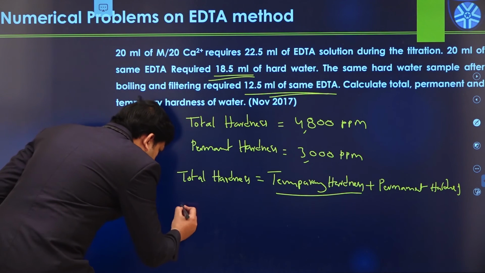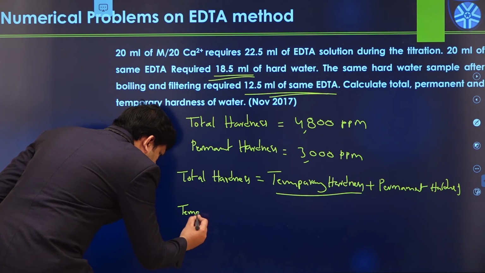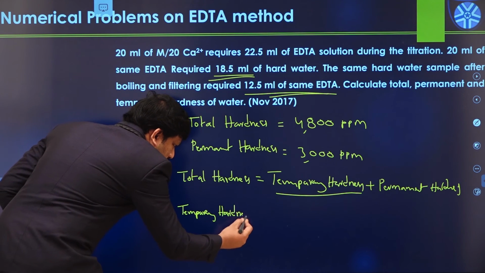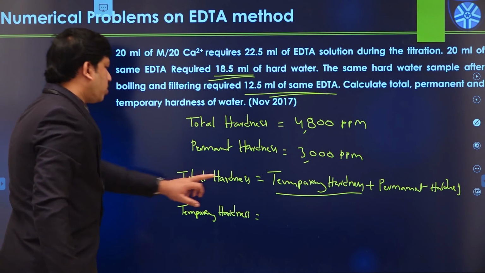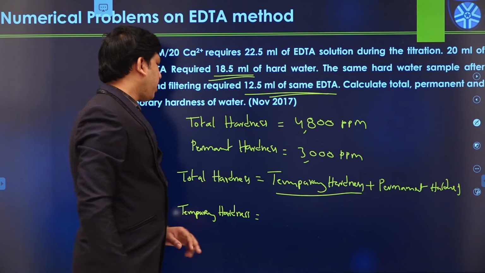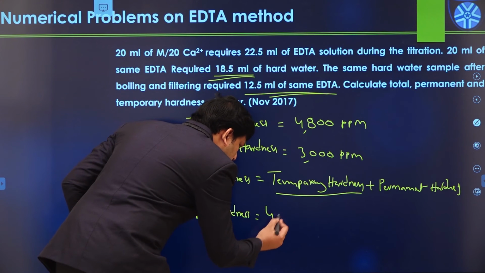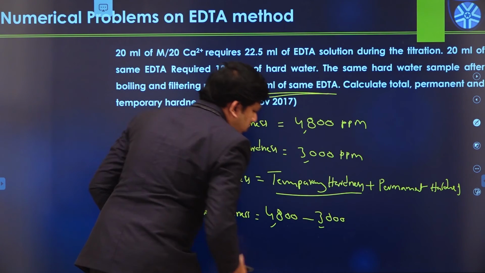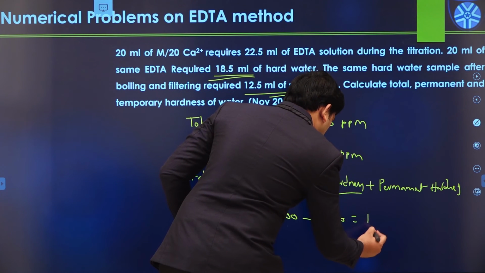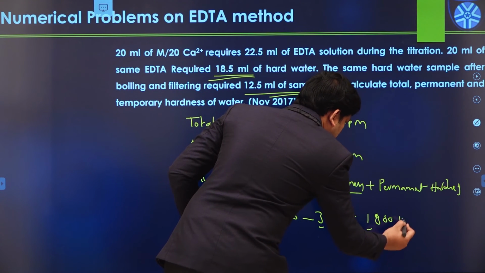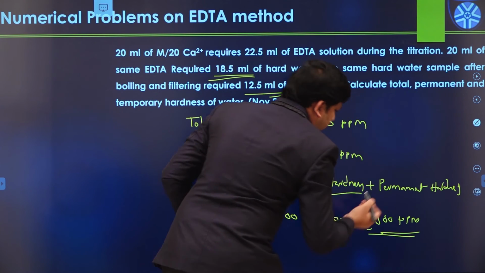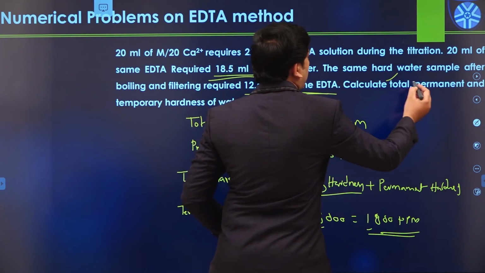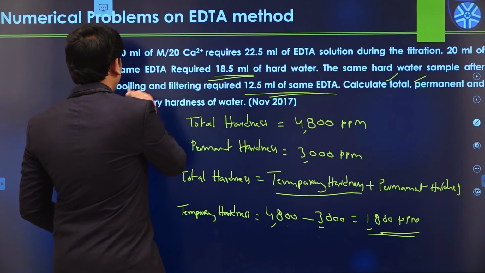Therefore, temporary hardness is equal to total hardness minus permanent hardness. What is the total hardness value? 4800 minus 3000. So that is equal to 1800 ppm like this.